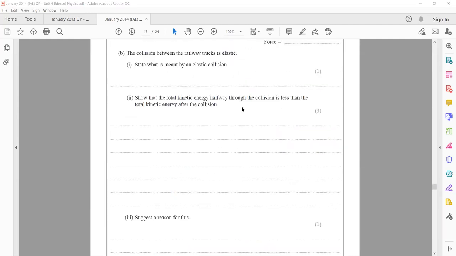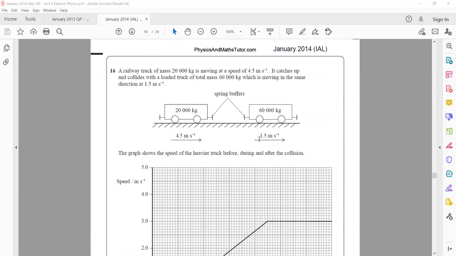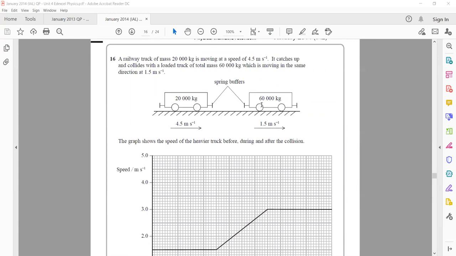Suggest a reason for this. What could be the reason why the kinetic energy halfway between the collision is not the same as the kinetic energy after?